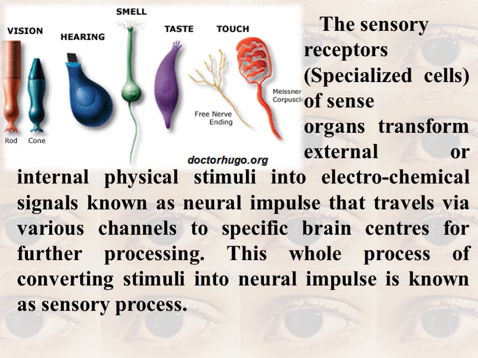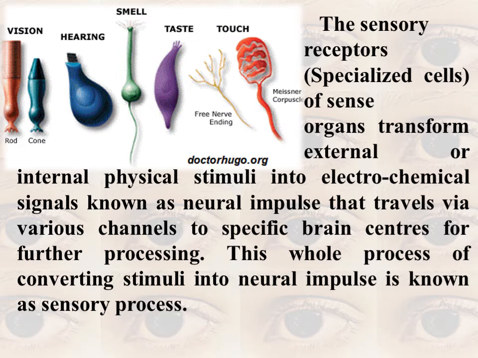These neural impulses travel to your specific brain centers via various nerves: the optic nerve in the case of vision, the auditory nerve in the case of hearing, and so on.